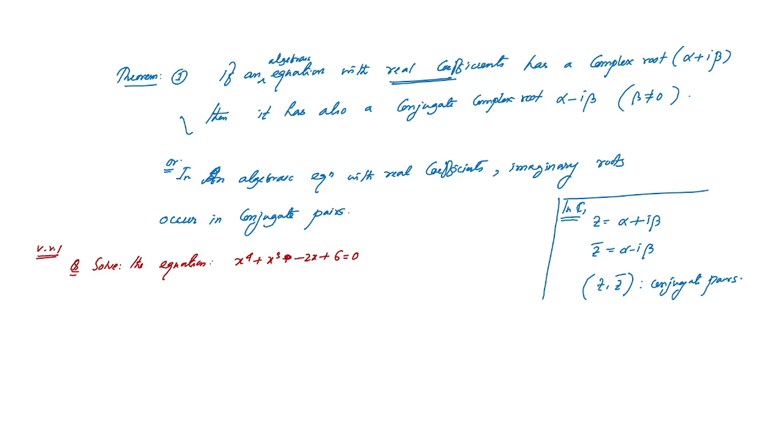Very, very important. What is given? It is given that 1 plus i is a root. Now solution. So what is our f(x) here? Our f(x) is x to the power 4 plus x cube minus 2x plus 6.